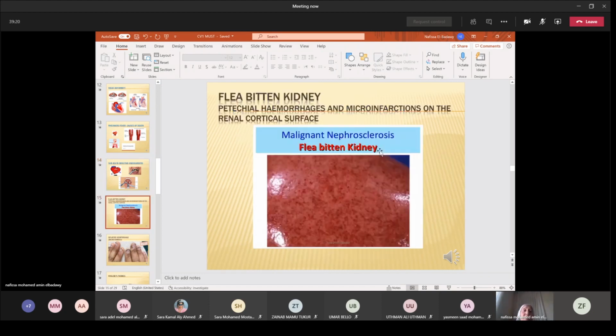However, the emboli in cases of acute bacterial endocarditis will be septic emboli and will cause pyemia. So in infective endocarditis, detached vegetations will cause pyemia. In cases of subacute bacterial endocarditis, the bacteria are of low virulence.